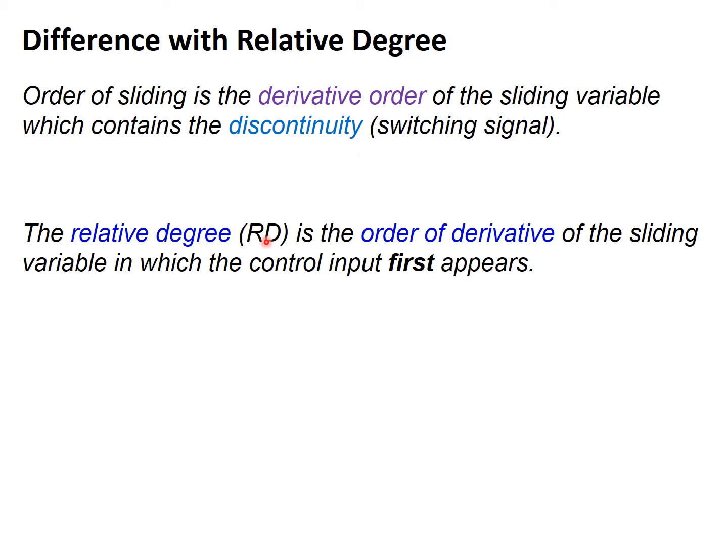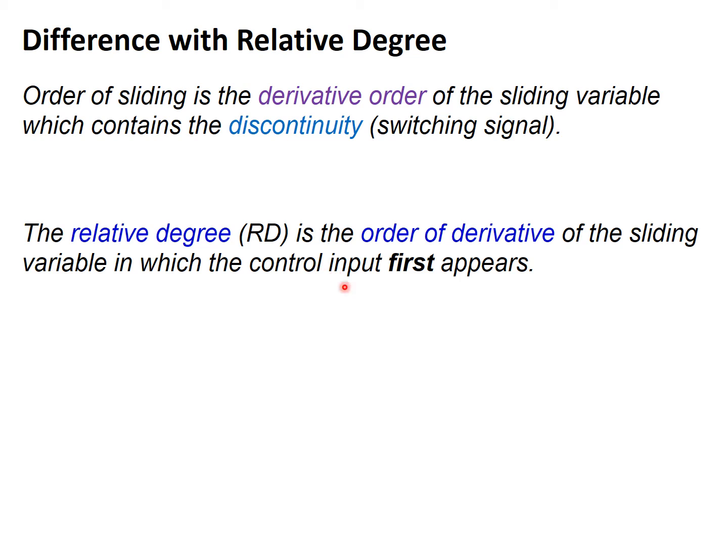So, that is why we are not sticking only with first order sliding. We are going for higher order slidings and trying to understand whether there is a possibility of having continuous control action also.